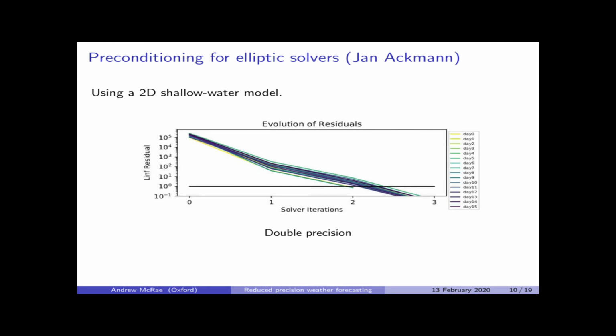My colleague Jan Akman has been looking at reduced precision preconditioners for a Krylov solve. So this is now just using a 2D shallow water model. At double precision, it's typically converging in 3 iterations or so. It's a very strong preconditioner. It's a rediscretization of the differential operator, which is why it's only taking 2 or 3 iterations.